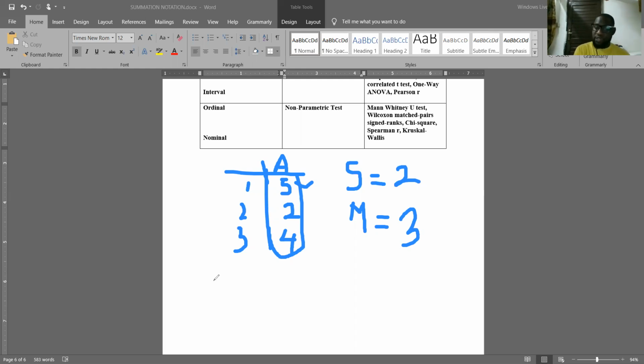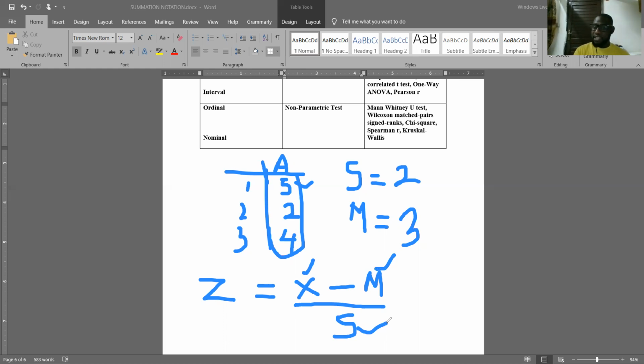The formula for any z-score is z equals x minus m over s, where x represents the raw score value, m represents the mean, and s, the denominator, represents the standard deviation.